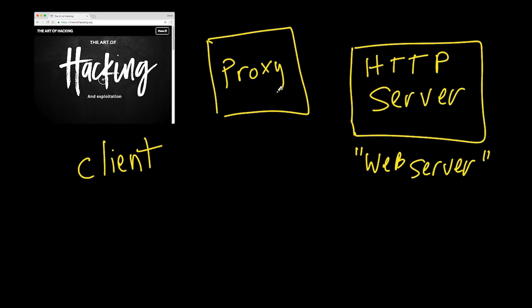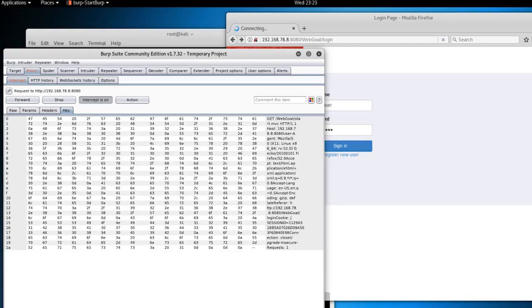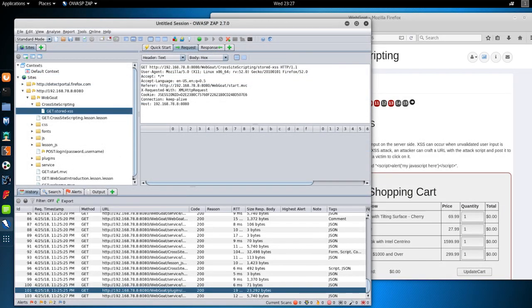Now, proxies enable HTTP transfers across firewall capabilities, and they also provide support for caching of HTTP messages and also filtering HTTP requests. Later in the course, you will learn how to use tools like the Burp Suite and the Zap proxy to intercept communications between your browser, which is used as a client, and the web server that you're going to be testing.